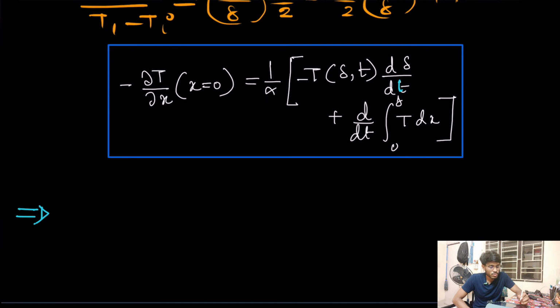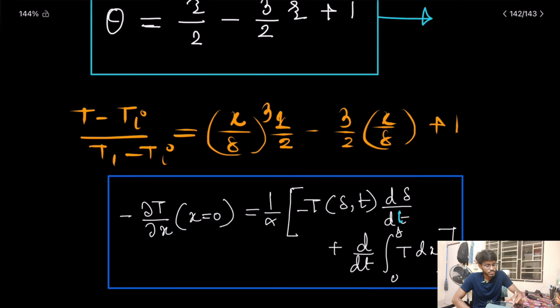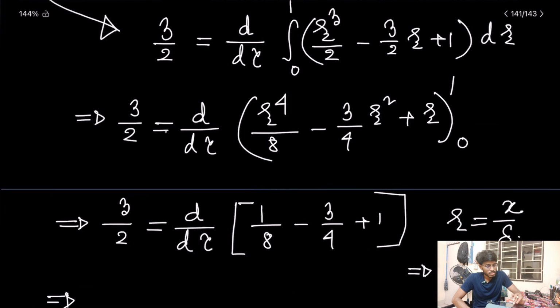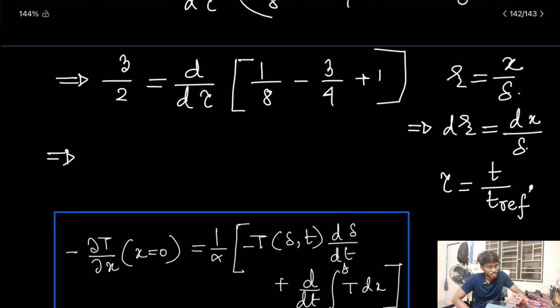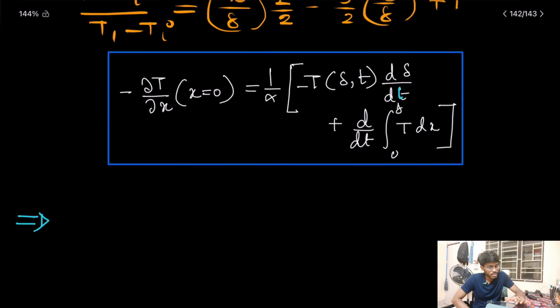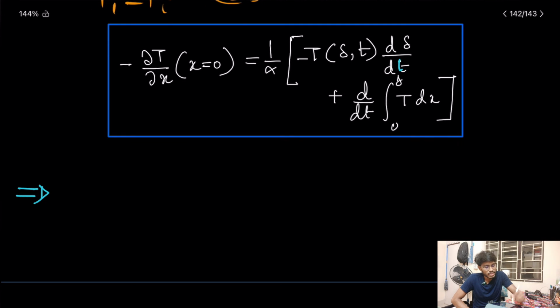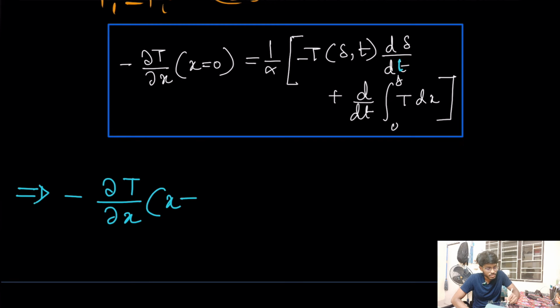So what we can do is, because there will be a d delta dt here, that is totally fine. There is a very good transformation here.